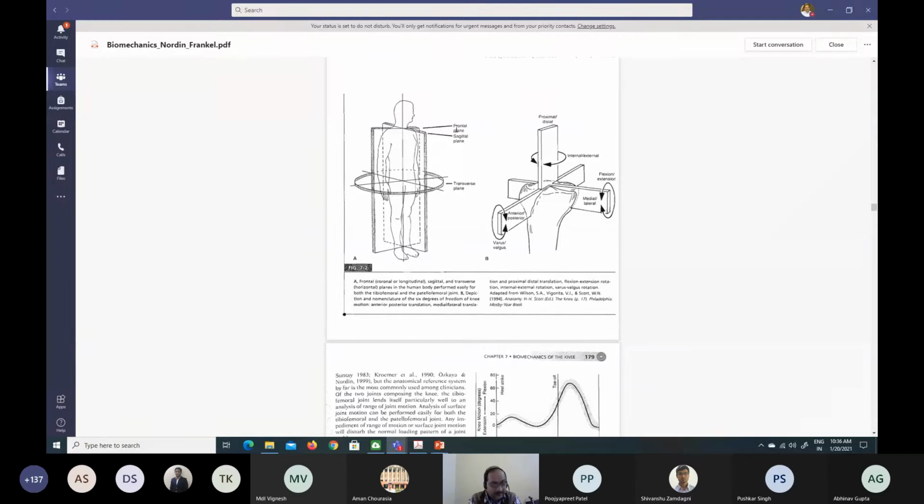Okay. Now, if we look into the other figure, we can see how these motions are being executed. We have flexion and extension as opposite motions. We have some internal rotation and external rotation, but these are very restricted movements.